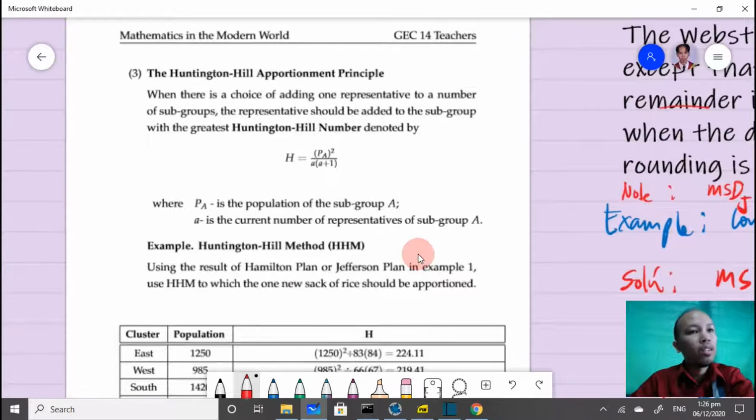Why is that? Because the Huntington-Hill apportionment method has a procedure just like the Hamilton plan, the Jefferson plan and the Webster plan.